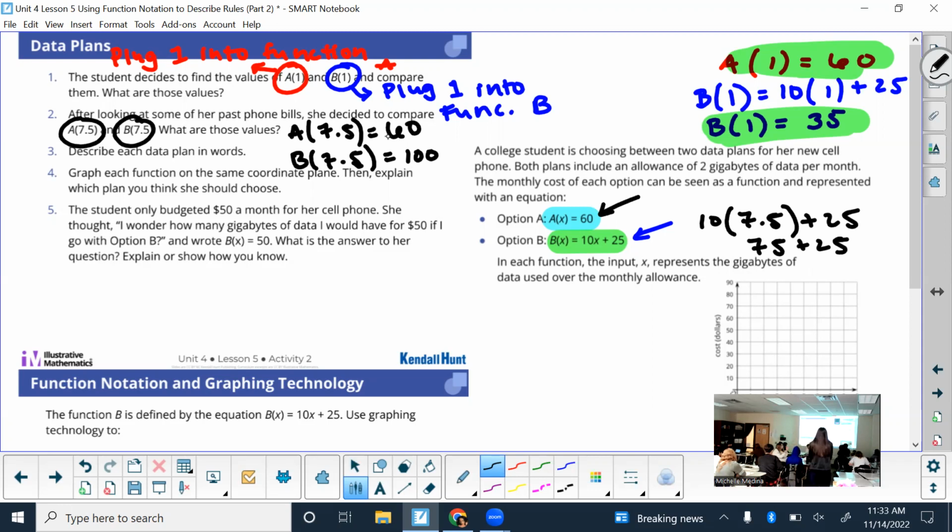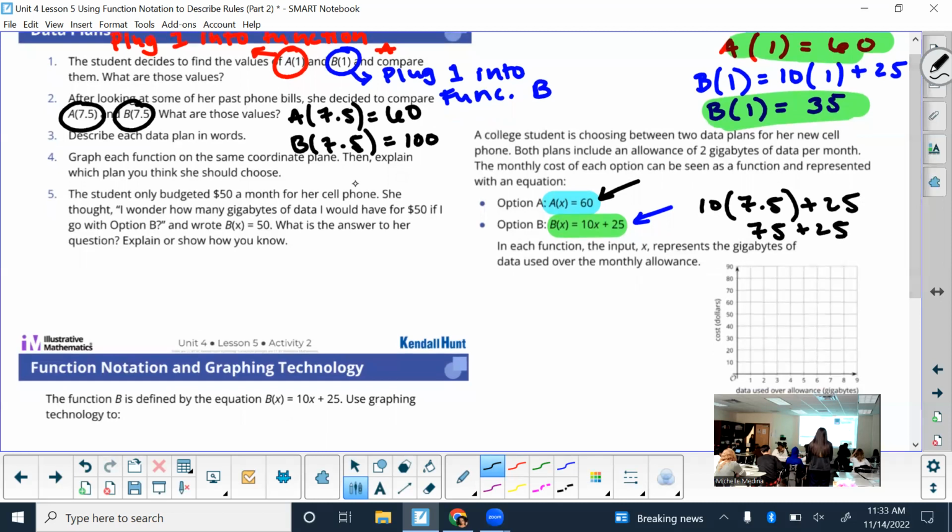Now we're going to graph each function, which we were able to do in my other classes, so this one fell behind. So let's do as much as we can right now, so that we're kind of aligned. For function A, what coordinates do we know for sure are on the graph based on what we've done so far?